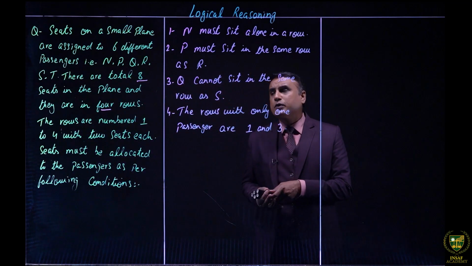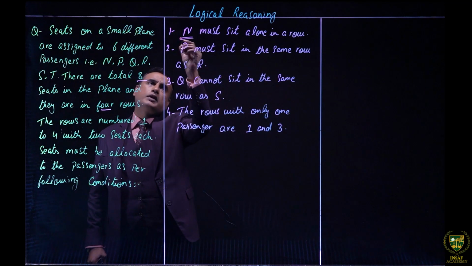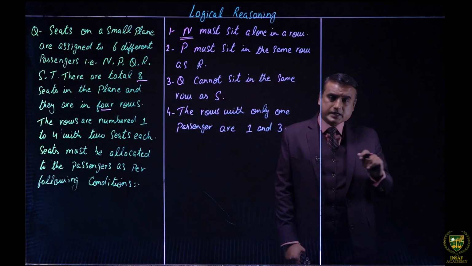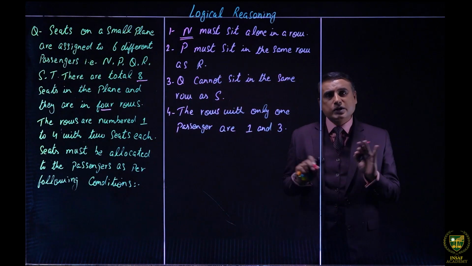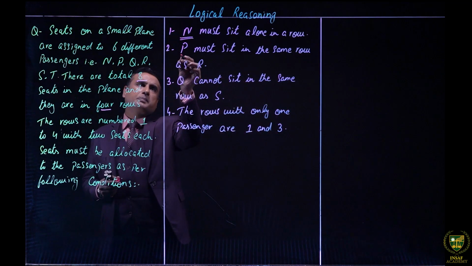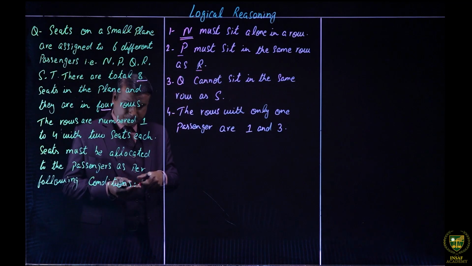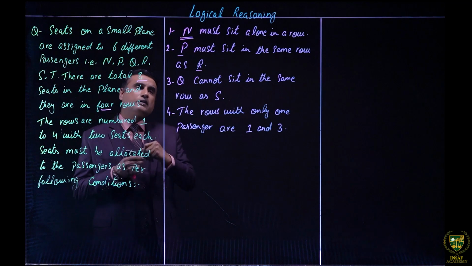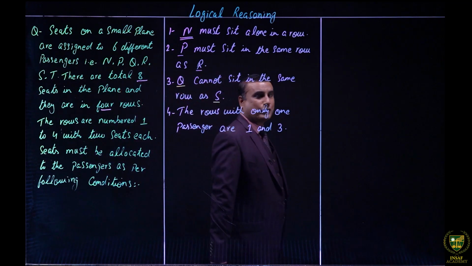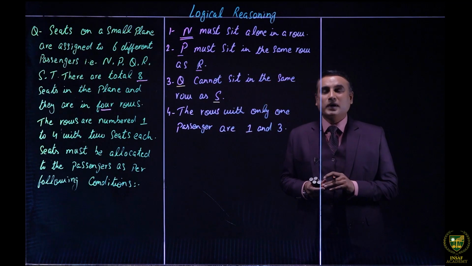और वो grouping कैसे होगी? N will not share any passenger in his row. कोई बंदा ना उसकी रो में नहीं बैठेगा. Then we have a combination P and R, they must sit in the same row. And then we have a difference, ठीक है, Q and S, ये दोनों आपस में नहीं बैठेंगे.